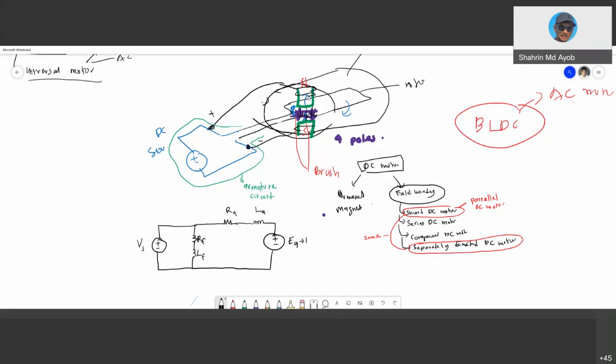EA is the back EMF, so it is a voltage. It will produce a voltage. And we have this one is IF, and this one is the armature current IA. IF is I field, and this one is your I supply. So this is the circuit form, it is represented like this. So this is what we call a shunt DC motor.